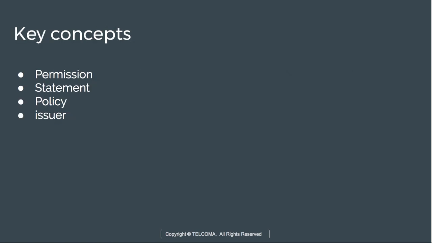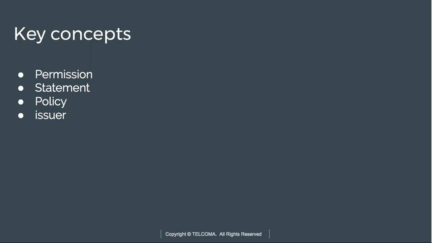So what are the key concepts in SNS? We have permission, statement, policy and issuer. What is a permission? Permission is basically the concept of allowing or disallowing some kind of access to a particular resource. Suppose we require access to a particular resource, can we allow or deny?